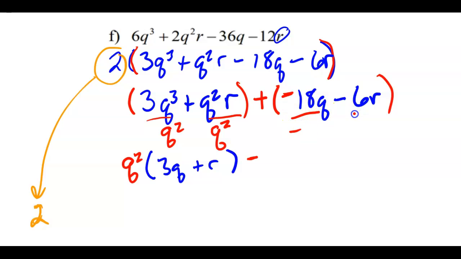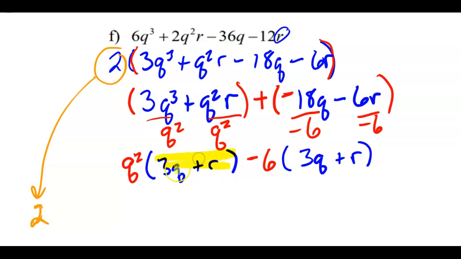So negative first term, negative GCF. 18 and 6 both have a divisor of 6. Q and R are not the same variable, so that's all I can do. So minus 6. Once I pull that factor out, 3q plus r. Checking for the same, and I have 3q plus r and also 3q plus r, so check.